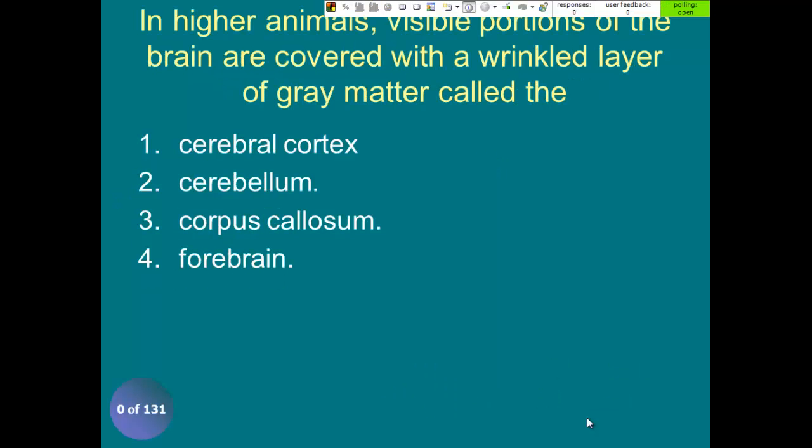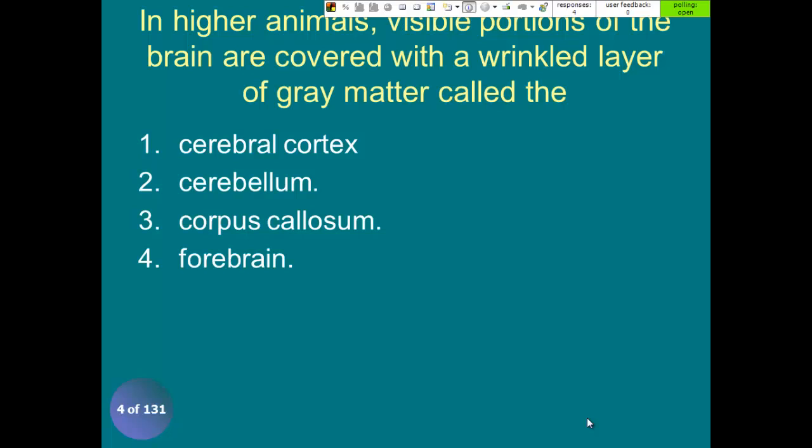Want another one? I finished this chapter, so I'm just giving you some review and some key questions. In higher animals, visible portions of the brain are covered with a wrinkled layer of gray matter called the what? The cerebral cortex, the cerebellum, the corpus callosum, or the forebrain? So I'm going to teach you once again how to do multiple choice questions.